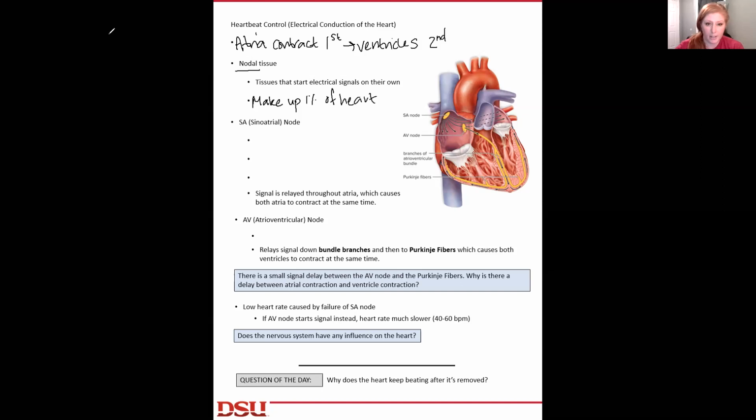The first one is sinoatrial, the SA node, and this is where that electrical impulse actually originates, okay? Because it starts the electrical signal, it's called the pacemaker of the heart.